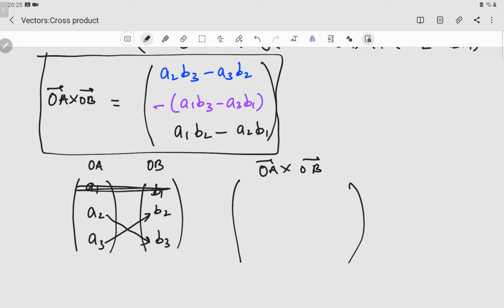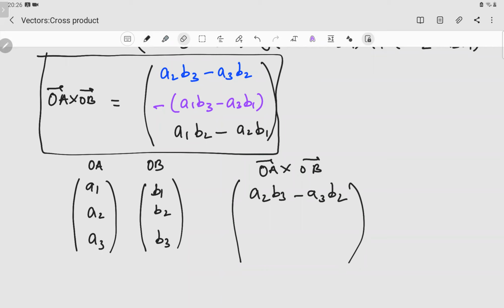Calculate this determinant. It's A2B3 minus A3B2. So for the first entry, you will hide the first A1 and B1, and you will calculate the determinant of the remaining entries. You'll multiply A2 with B3 and then minus A3B2. So in this way, you will find the first entry.